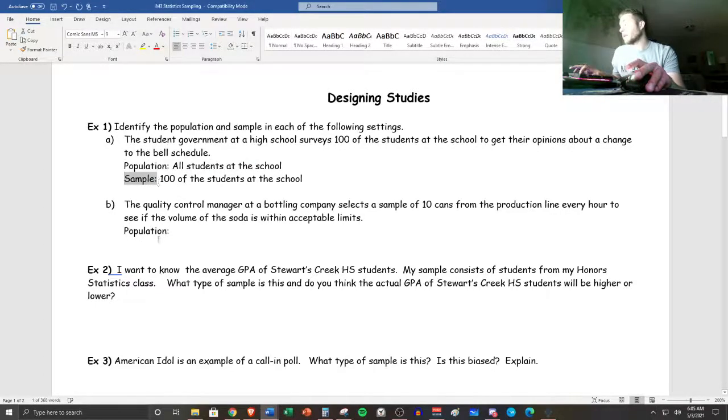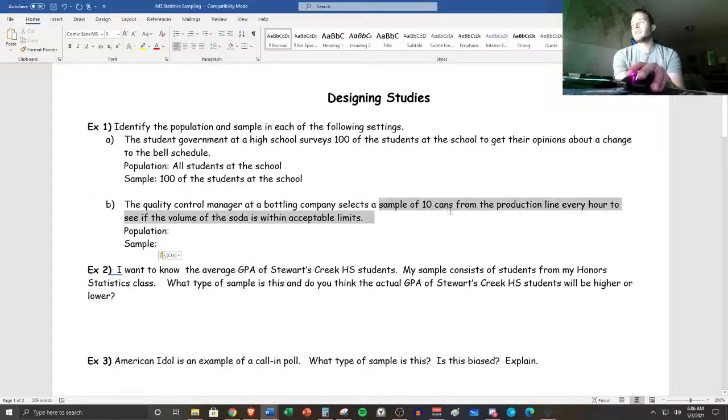Next, population, sample. A quality control manager at a bottling company selects a sample of 10 cans. It even says the words 10 cans sample right there. From the production line every hour to see if the volume of the soda is within acceptable limits.